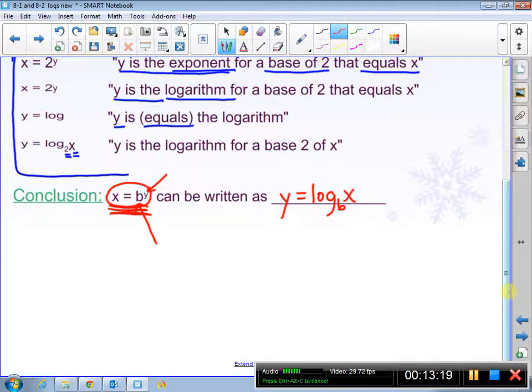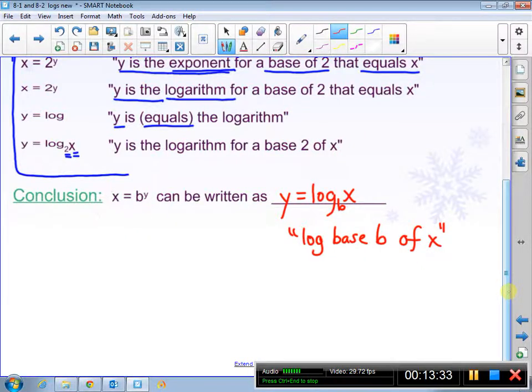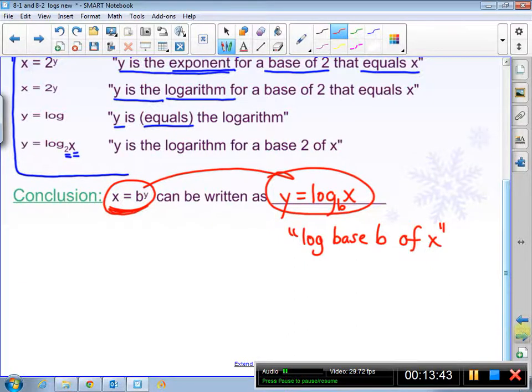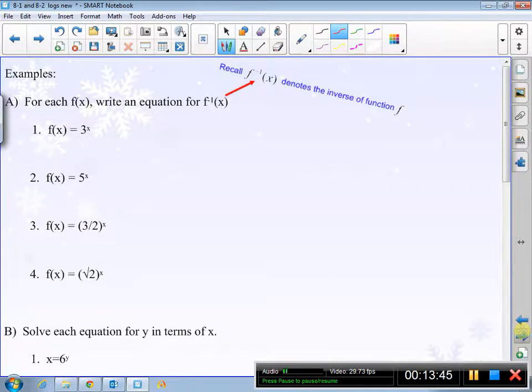So y equals log base b of x. That's how you say that. So we're going to practice quite a bit making this transition, taking something in this exponential form and putting it in logarithmic form. Okay?